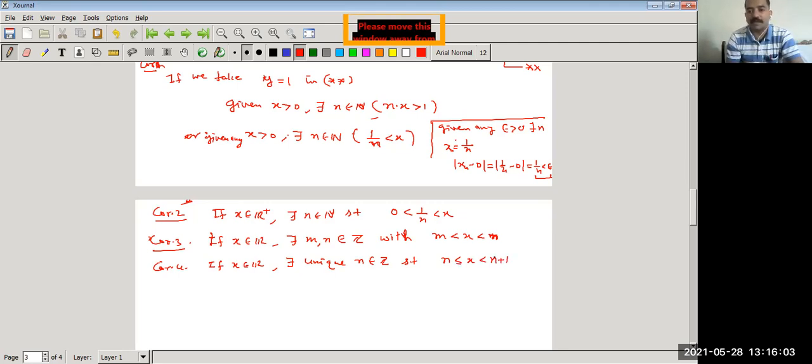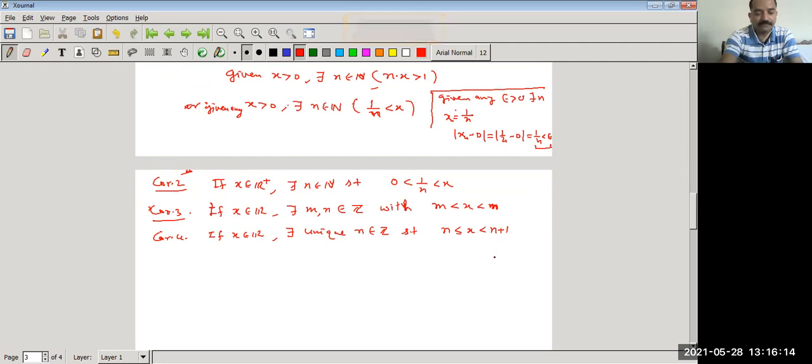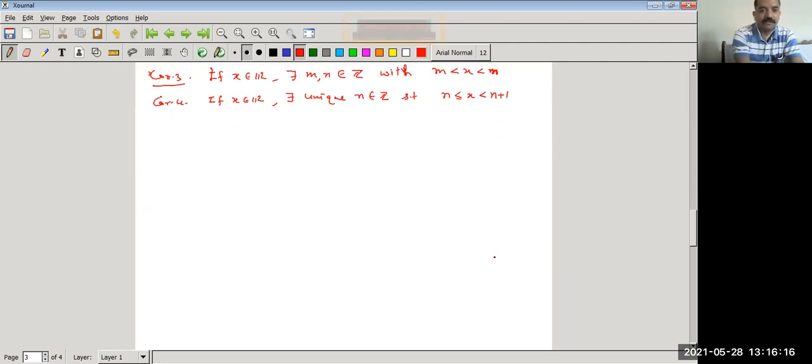So the number lies between two consecutive integers. That real number lies between two consecutive integers. So these are all about Archimedean property. Let us discuss one example related to Archimedean property.